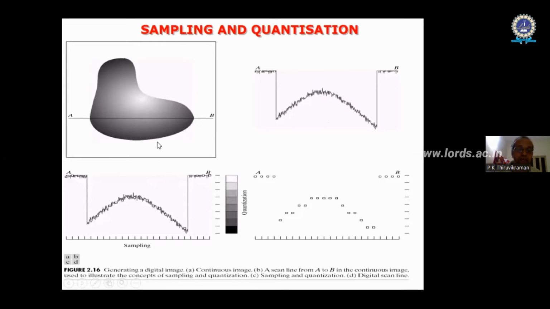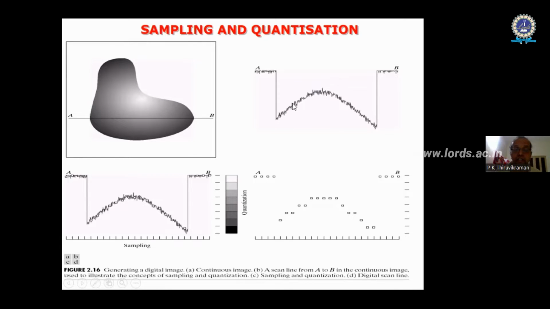Same example I'm taking just to show the effect of digitization. So you have this on the top left, you have this continuous image, and then let's say I'm looking at various points along this line AB, and then I'm sampling the intensity at various intervals. So first I'm showing the intensity variation along AB. Now initially it's white, very bright. So that's why it's a high value of intensity. Then suddenly it decreases when it cuts across the edge of this object.